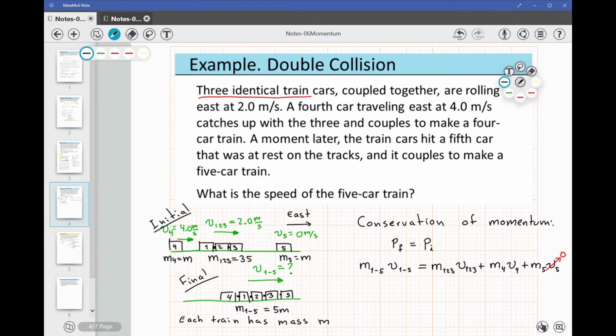So replacing those values for the masses in our equation, we have 5 times m times the velocity of trains 1 to 5 moving together, equals 3 times m for trains 1, 2, and 3 times their common initial velocity, plus the mass of train 4, and the mass of train 5 multiplied by 0 is 0, so we don't have to put it in our equation.